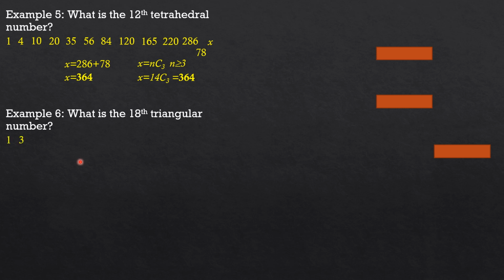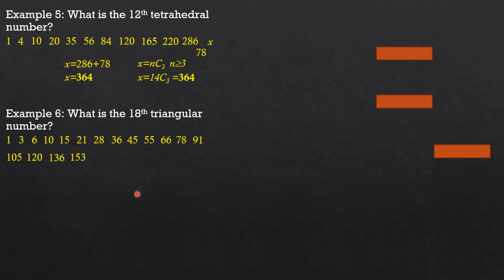So 1, 3, 6, 10, plus 5, 15, plus 6, 21, plus 7, 28, plus 8, 36, plus 9, 45, plus 10, 55, plus 11, 66, plus 12, 78, plus 13, 91, plus 14, 105, plus 15, 120, plus 16, 136, plus 17, 153, and this is the 18th.